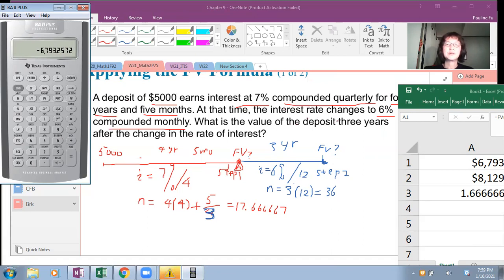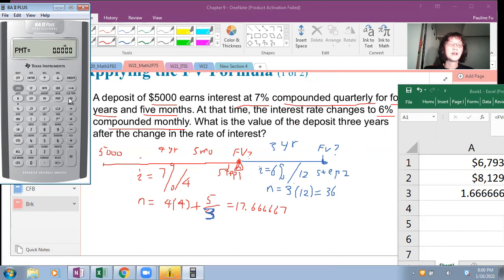In step 2, compounded monthly means PY equal to 12, enter. CY equal to 12, so second quit, and then recall number 1. This number is the present value, okay? And 6 is interest I/Y, 36 is term N, 0 PMT.